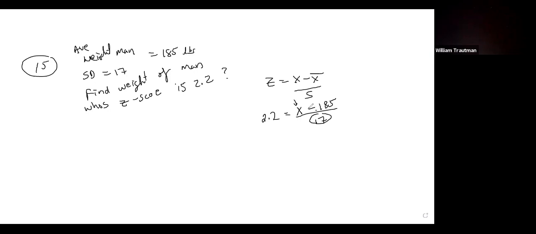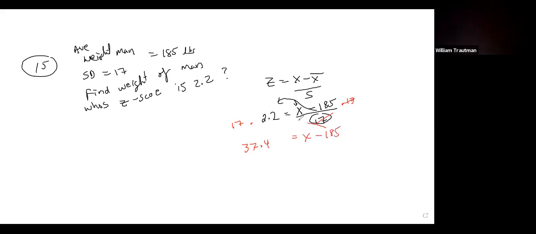So I have to take the 17 to the other side. The opposite of dividing by 17 is multiplying both sides by 17. What happens is these cancel and I'm left with 17 times 2.2. If I can turn my calculator on, 17 times 2.2, and I get 37.4.